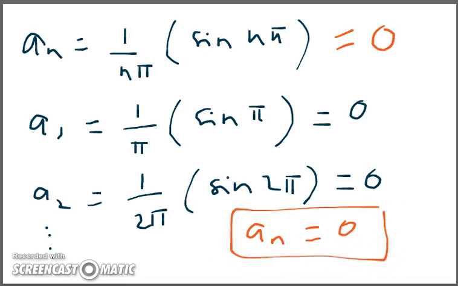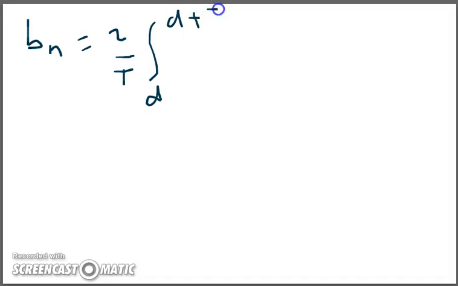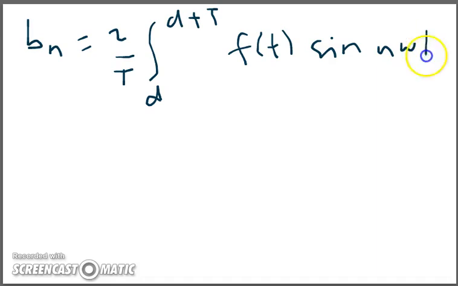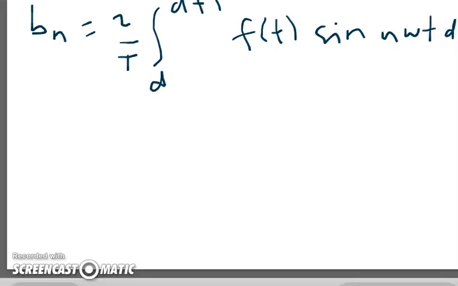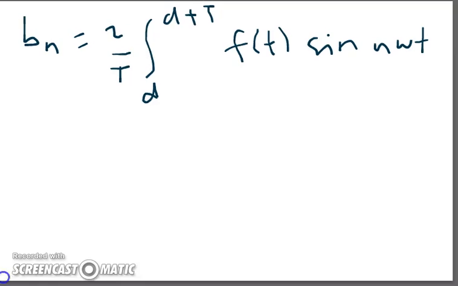Then next we want to find bn. bn is 2 over T, integral over one period, of f(t) sine n omega t dt. Correct? I should put dt here.